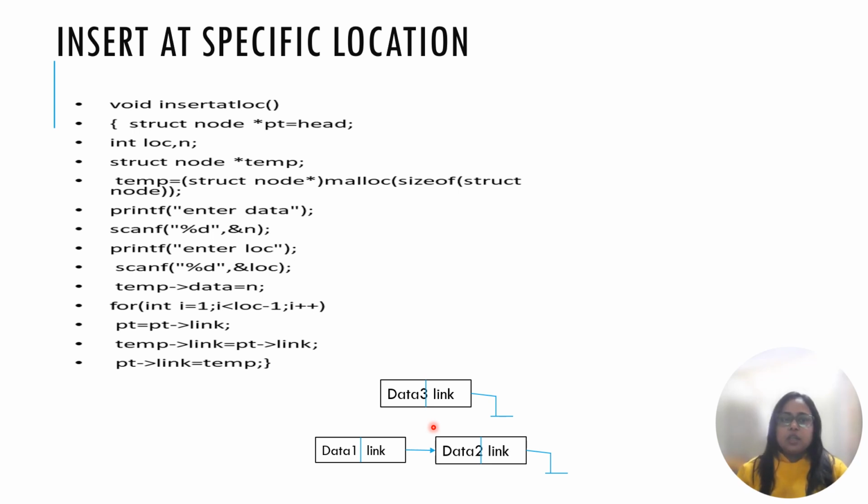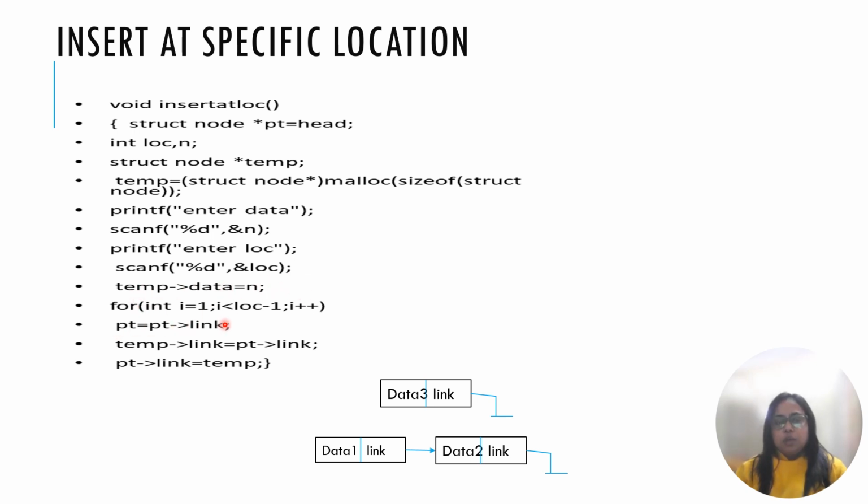As you know, pt is assigned as head, then using temp we create the new node, and then the data element we have to insert, again take the location, then temp data equals n.